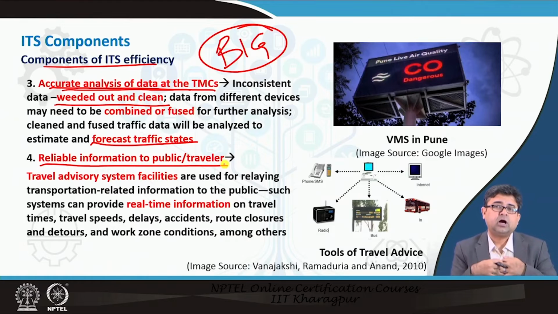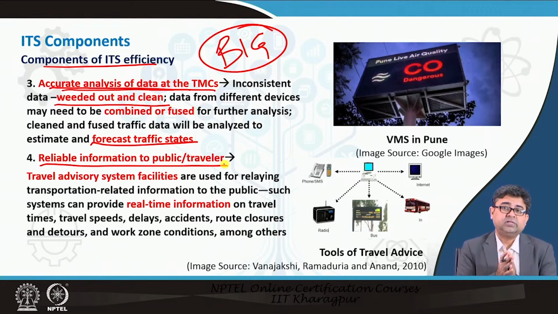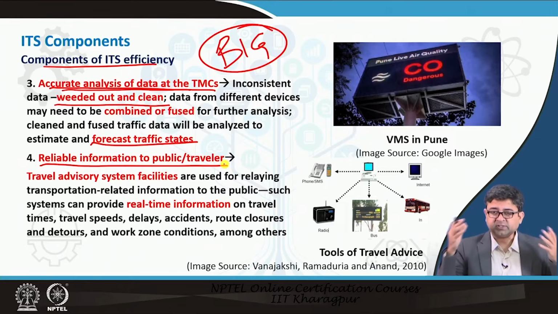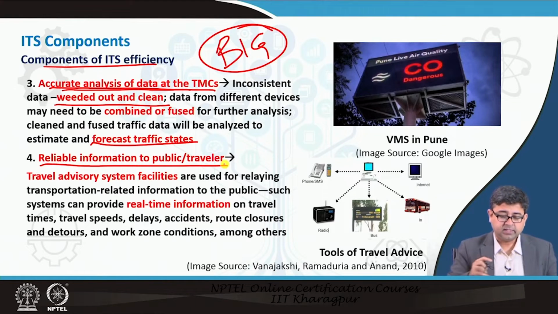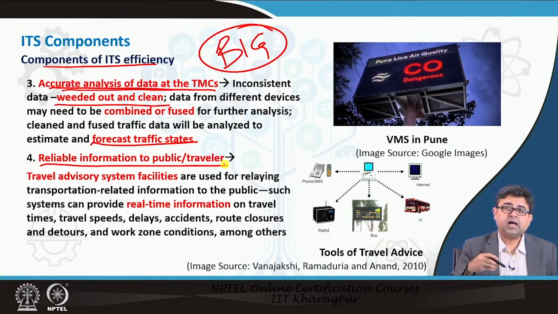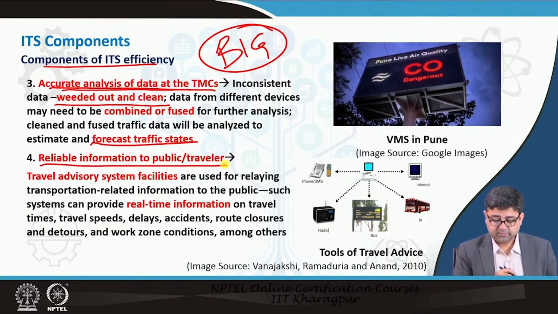That is one loss, or the bigger loss may be that the user may not use the public transportation system as a whole, and may be shifting back to the private vehicle, right. So, reliability of information is very crucial, that allows ITS to improve the efficiency of a transportation network.